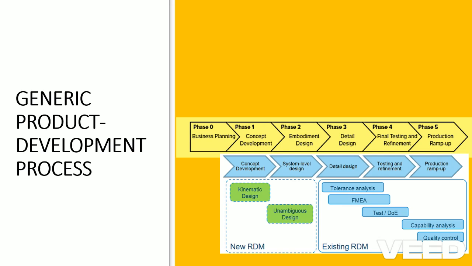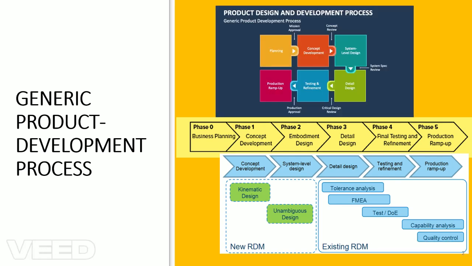So in detailed design, testing and refinement, and production ramp up, we check for tolerance analysis and failure mode and effect analysis. We test the specimen, do design of experiments, and do the capability analysis and quality. So all these phases are narrowed down to a point, as you can see. It is converging.